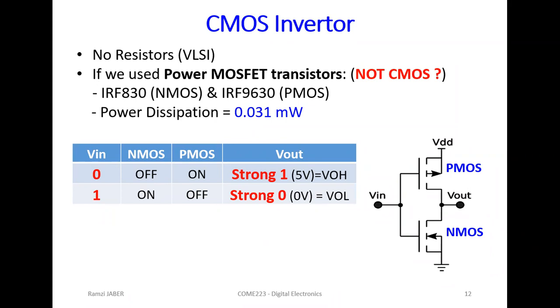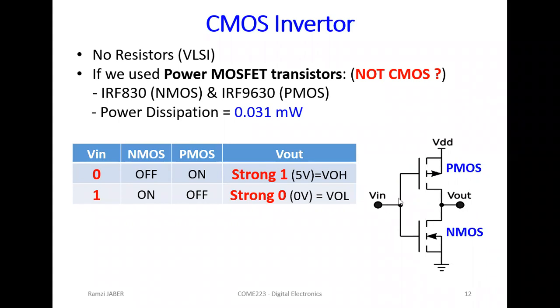In digital electronics, this is an example of an inverter. This is the CMOS inverter. If we look at the graph, we have one MOSFET connected to VDD at the top, called the pull-up network, and one MOSFET connected to the ground, called the pull-down network.